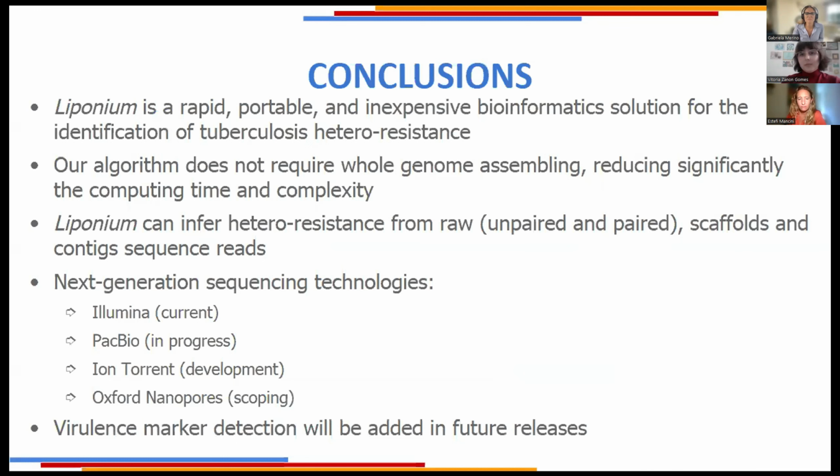Our algorithm does not require whole genome assembly, significantly reducing computing time and complexity. Liponium can infer heteroresistance from raw, unpaired, and paired reads. By now, Liponium works with Illumina inputs, but we are working to make it able to work with other next-generation tools, such as PacBio, IonTorrent, and Oxford Nanopore.